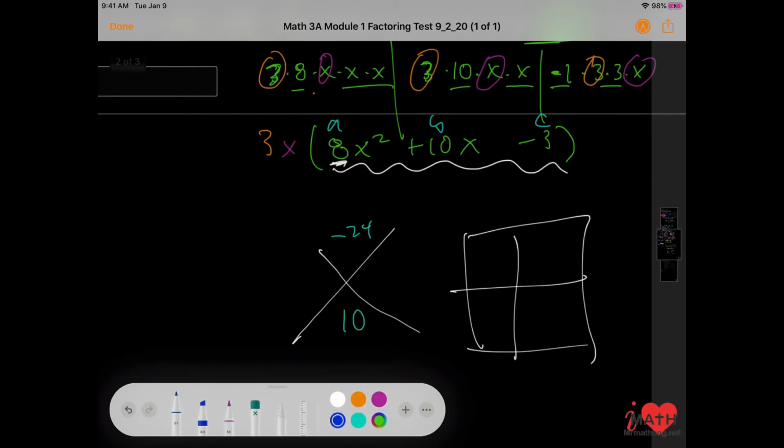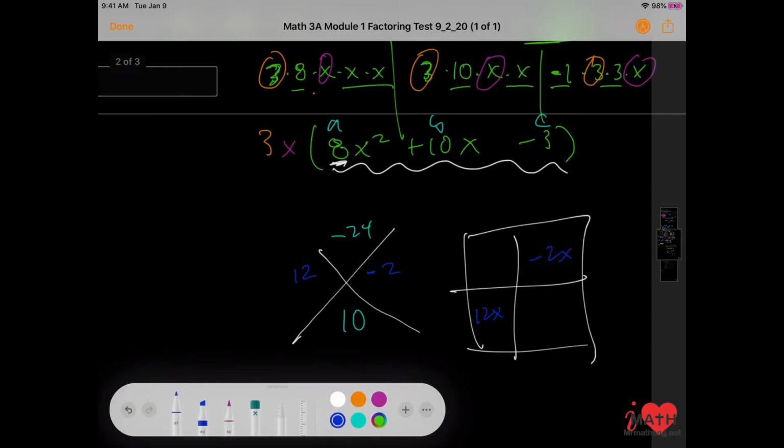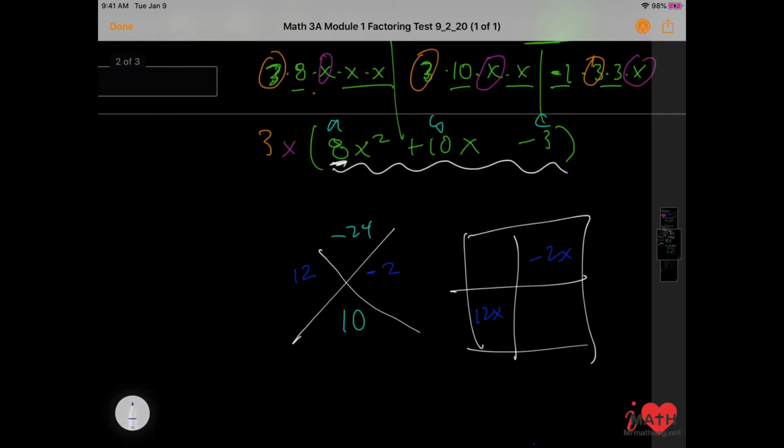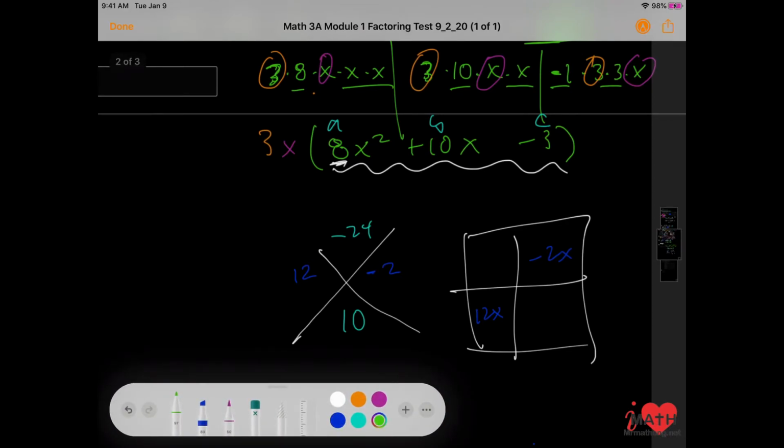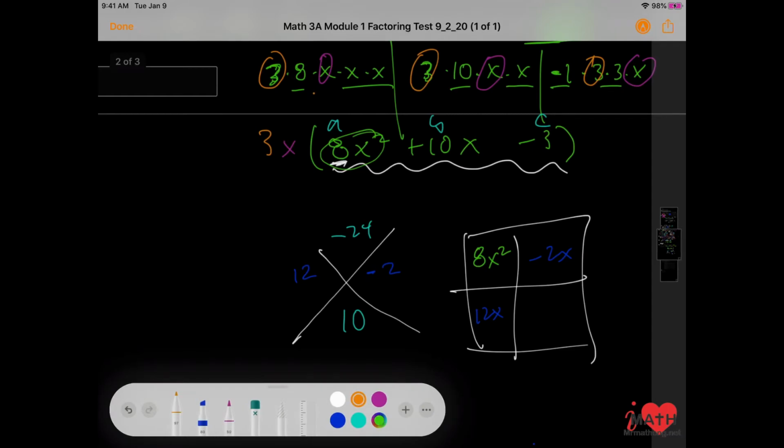Two numbers that multiply to be -24 are 2 and 12. And if I make one of those negative, so I would have 12x and -2x. And then I have 8x squared. And then I have -3.